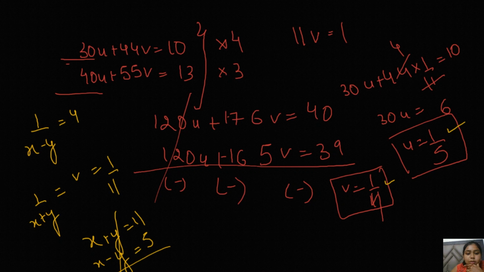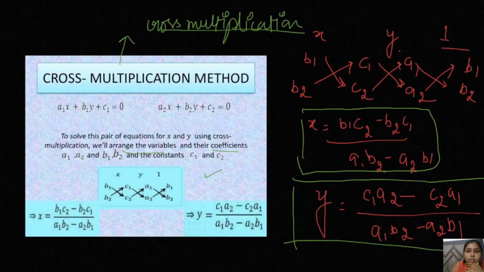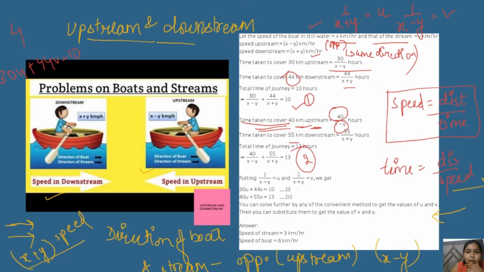After putting the value, we get y equals 3 kilometers per hour. Let's look at the slide. Our answers were 3 kilometers per hour for the stream and 8 kilometers per hour for the boat. This is the final answer.